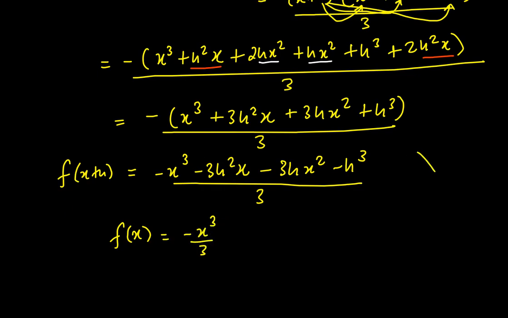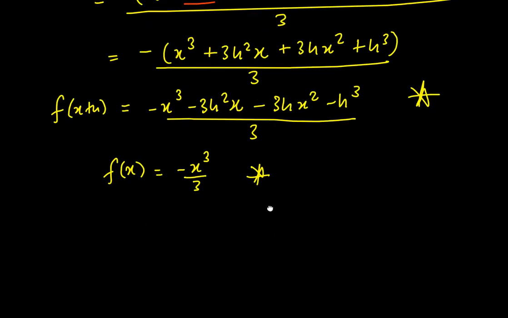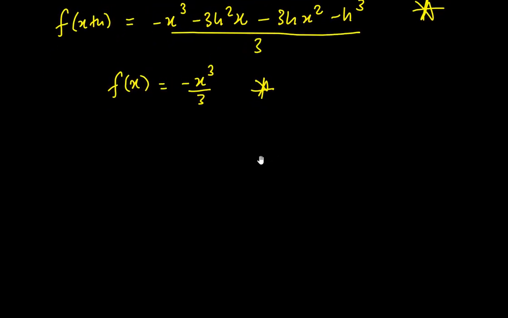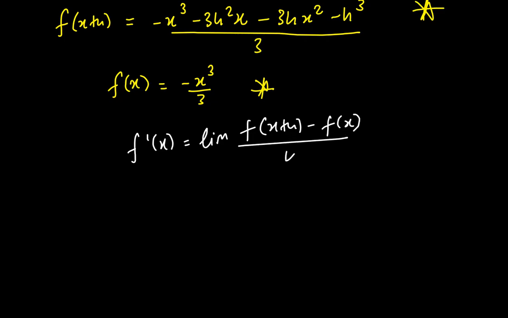So we're going to take this f of x plus h and our f of x, then substitute into our formula for the derivative from first principles. The derivative of f would be the limit of f of x plus h minus f of x, all divided by h as h approaches 0.